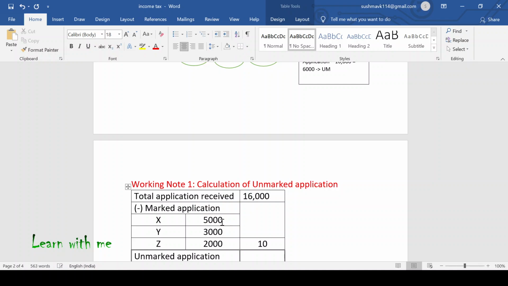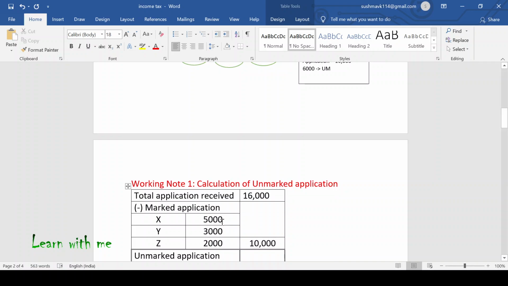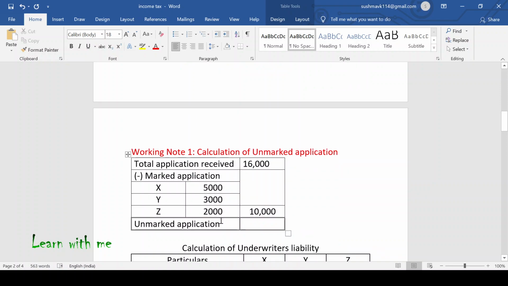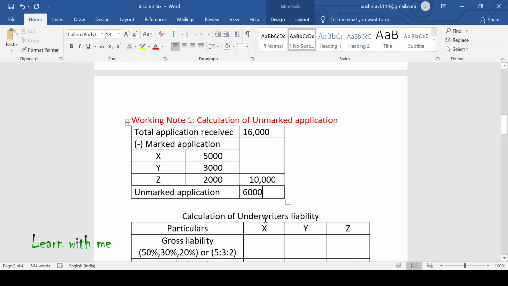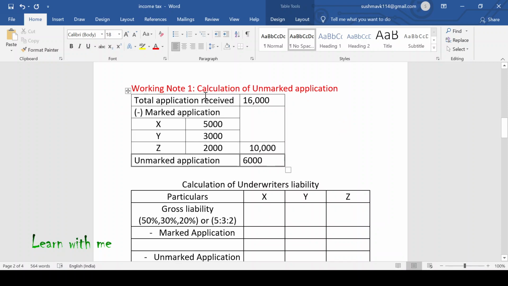The total is 10,000. Now if you deduct 10,000 from 16,000, what will you get? 6,000. So this 6,000 is my unmarked application. Okay, so now we are done with the working note.